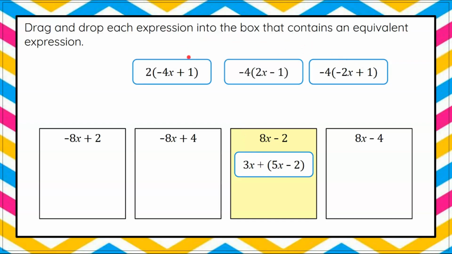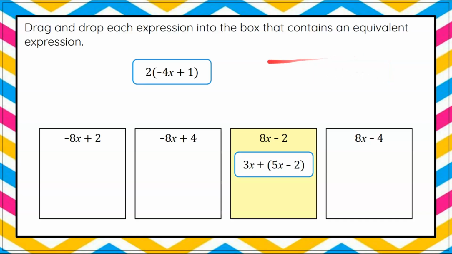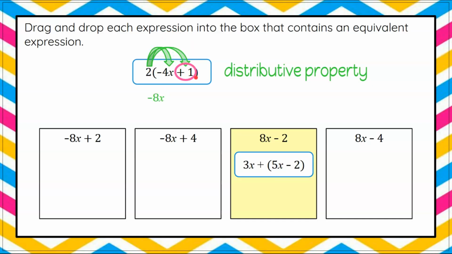So let's look at our second. Clearing our workspace, we have 2 multiplied, there's an invisible multiplication there, multiplied by the quantity, negative 4x, add 1. So here I want to apply the distributive property. We're going to multiply each term inside by 2. 2 multiplied by negative 4x is negative 8x, and then 2 multiplied by positive 1 is positive 2.